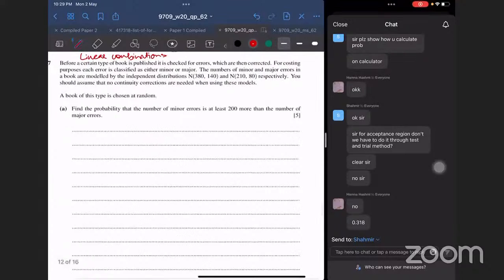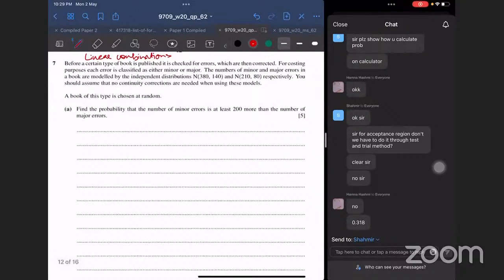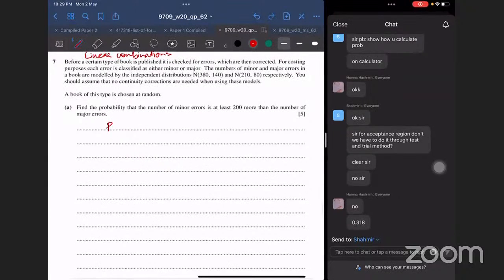You should assume that no continuity corrections are needed when using these models. A book of this type is chosen at random, and the probability that the number of minor errors is at least 200 more than the number of major errors. So minor is more than major errors by at least 200.